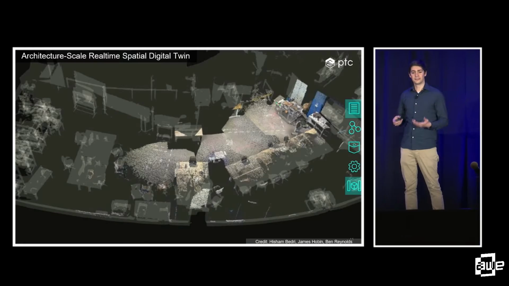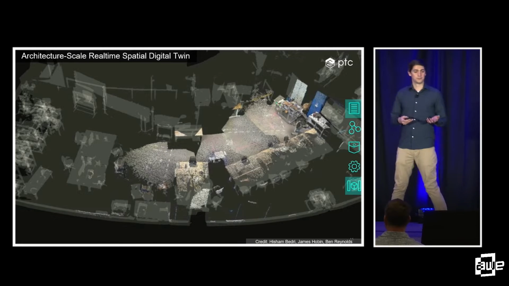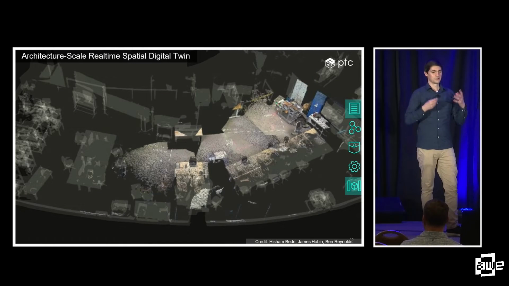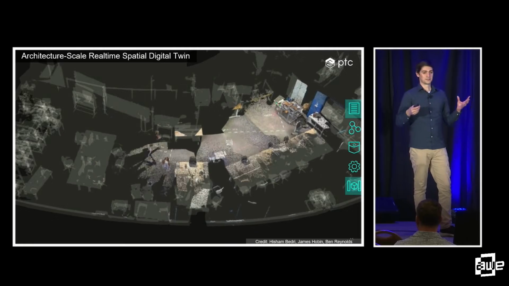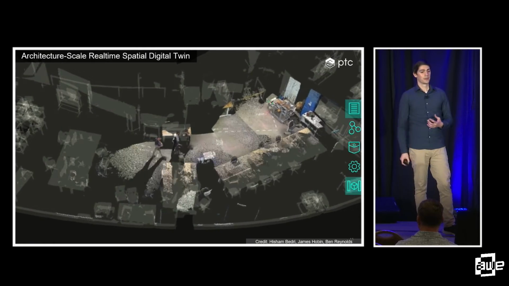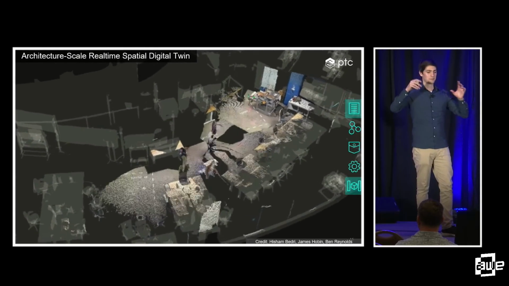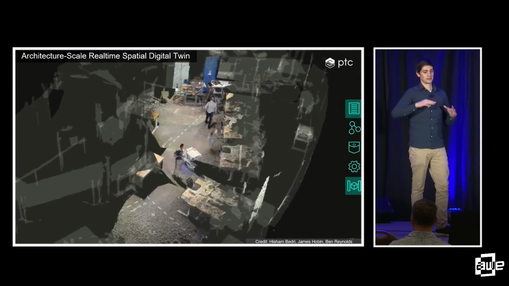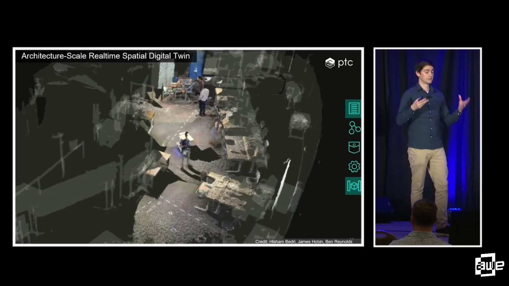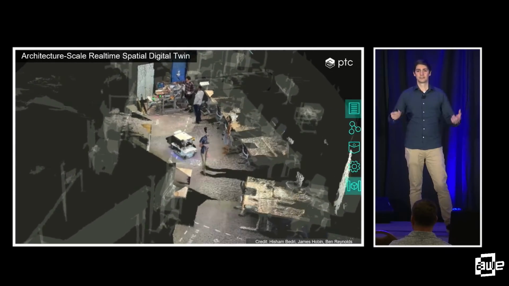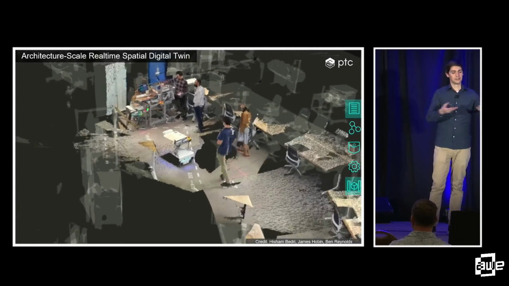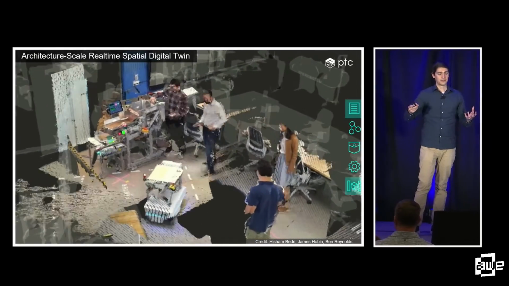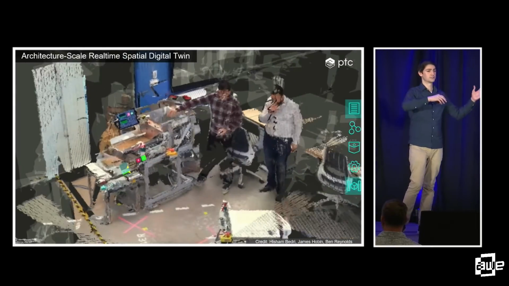That was one of the motivating factors that led us to build this architectural scale, real-time spatial digital twin of our lab, where we mounted a whole bunch of different Kinect cameras on the ceiling of our lab, and they're all recording and calibrating their volumetric video data into the same space to create this really living, breathing, virtual version of our space where you can see the motion of people, the motion of robots.